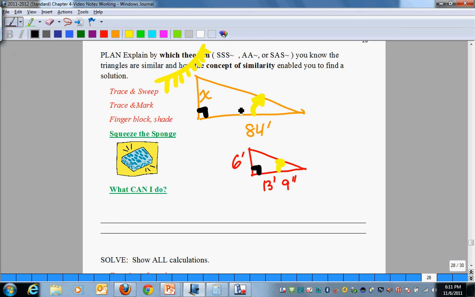So we can see here, because of those angles created by the shadow, that would be an angle of elevation, and the right angles, that these triangles are similar by angle-angle similarity.